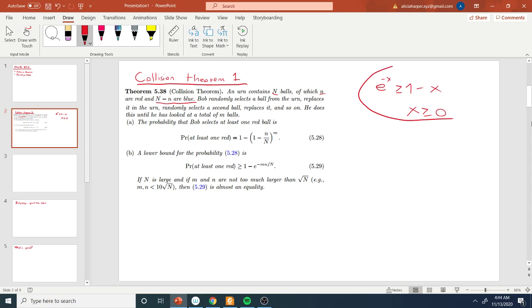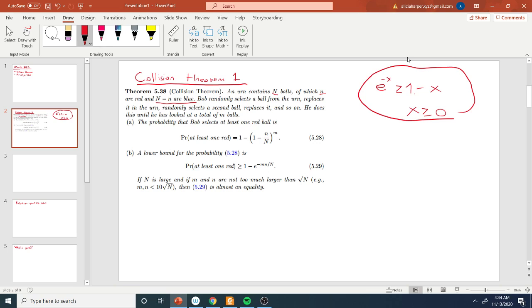So this is a simple calculus result. And now we're going to apply it to the first inequality, the one we prove in part A, to get the second one in part B.